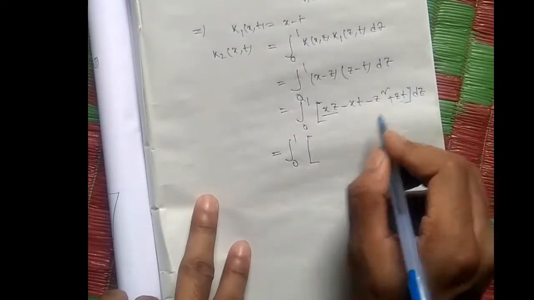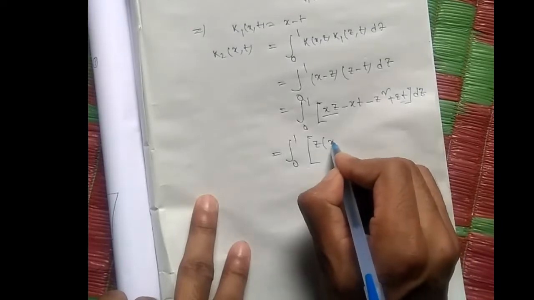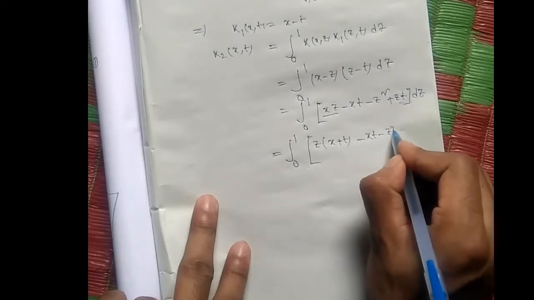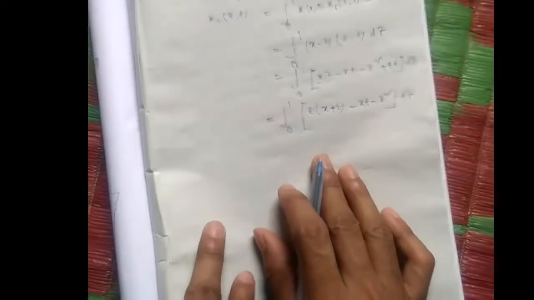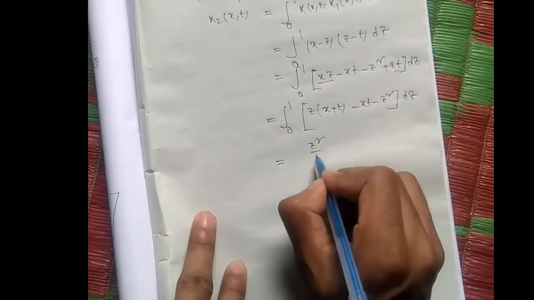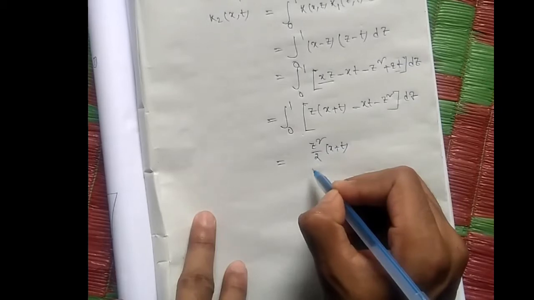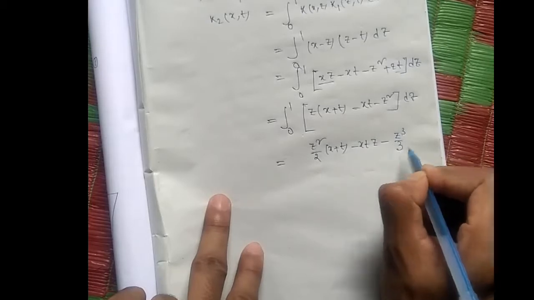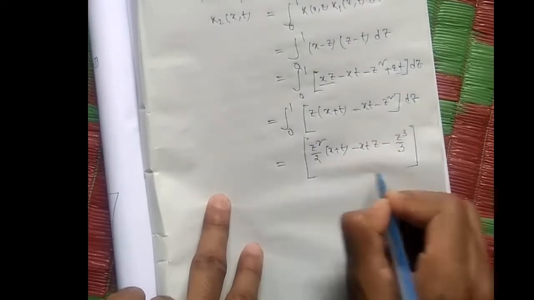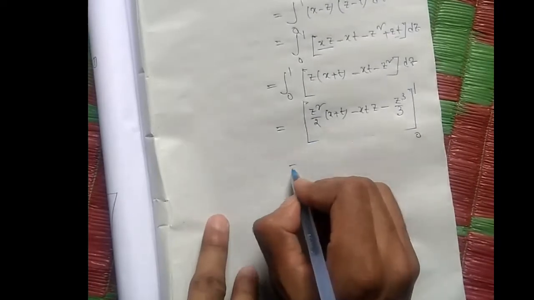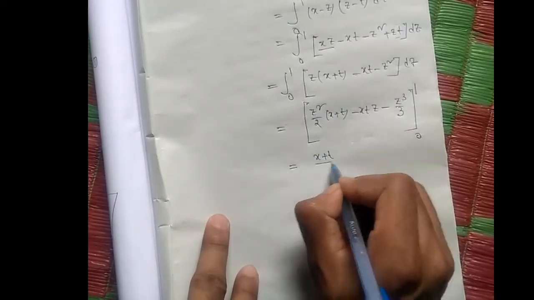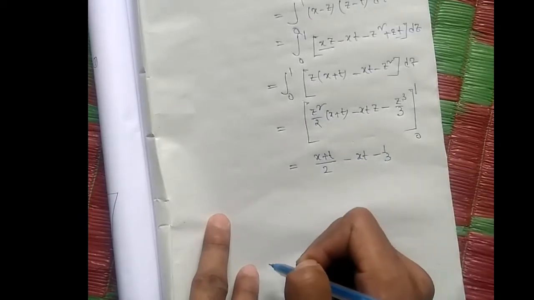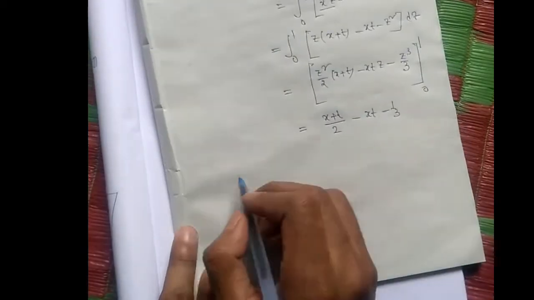If you take z common, you get z(x plus t) minus xt minus z square dz. So this is z square by 2 times (x plus t) minus xtz minus z cube by 3, from 0 to 1. This is nothing but (x plus t) by 2 minus xt minus 1/3. No problem.